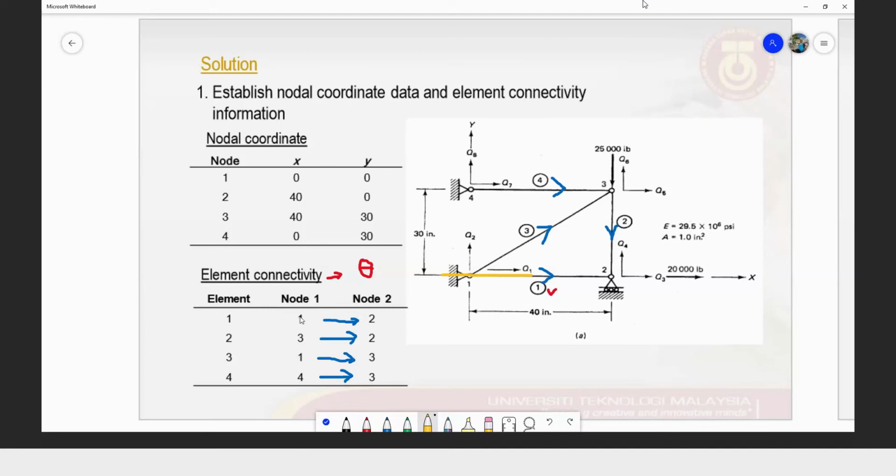So our element here is moving from 1 to 2, and the angle from 1 to 2 here is equal to 0 degrees, because it's moving along this line, right?